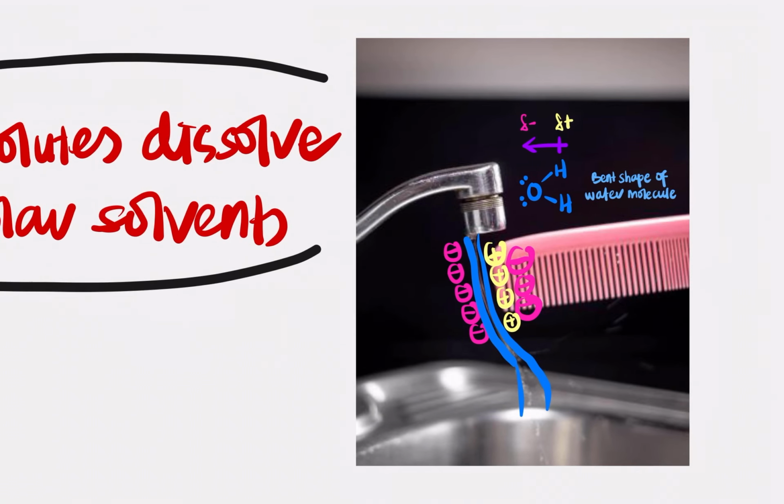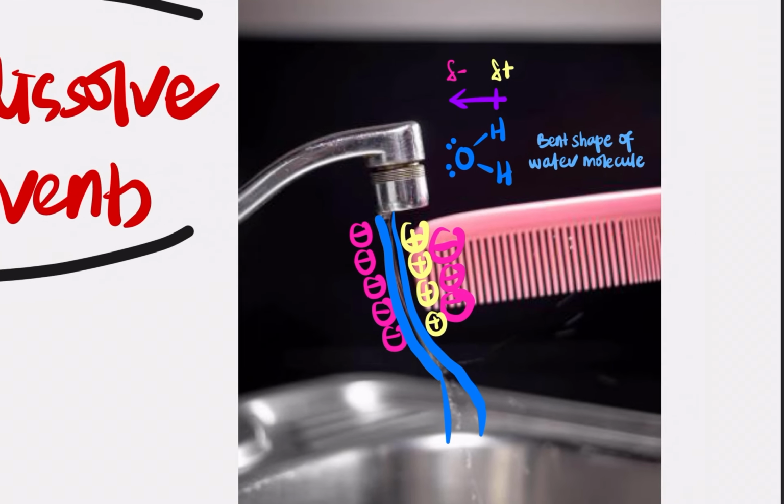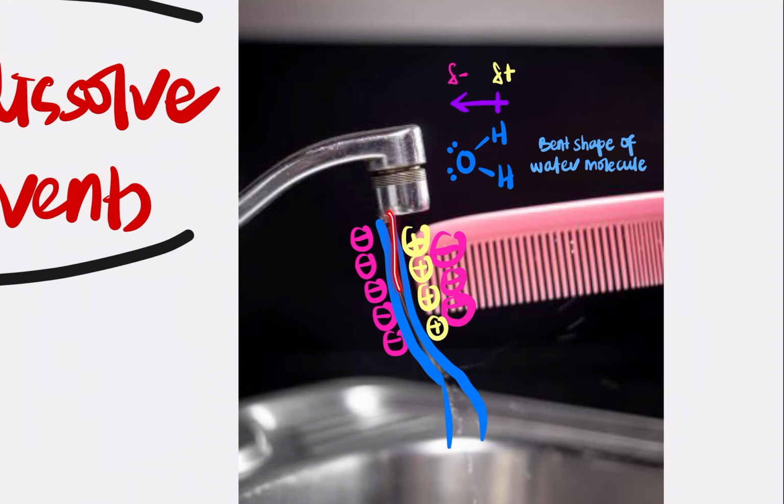Another thing to show the polarity of your molecule is, let's say you have a water molecule coming out of this tap right here, and when you bring a negatively charged comb with negative charges within it, your water will actually be attracted towards your comb. Why is that? It is because your water molecule is a polar molecule, so it has a bent shape.